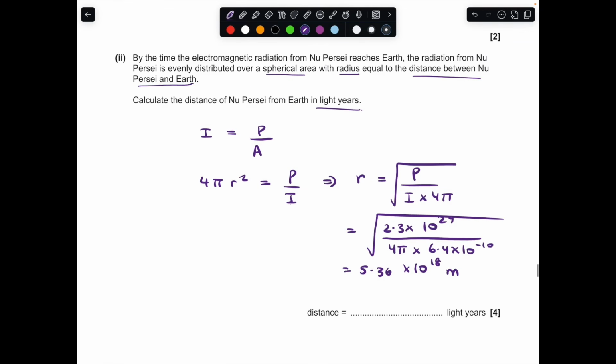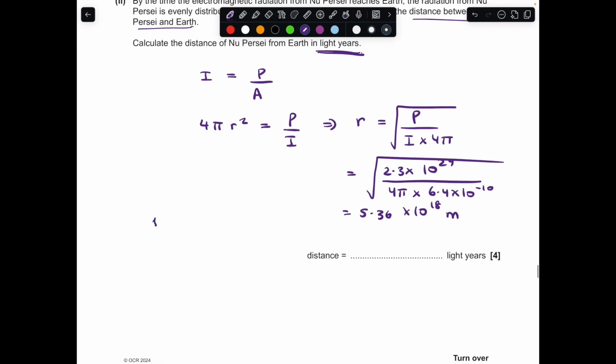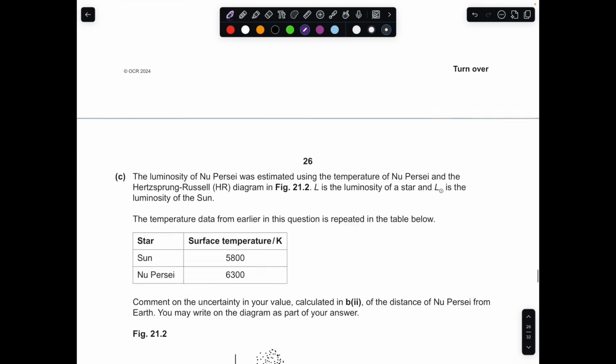Now we have to convert this into light years, and we are given that 1 light year is equal to 9.5 times 10 to the 15 meters. And so if you divide this number by the number of meters here, we would end up getting 564 light years. Okay. Part C.